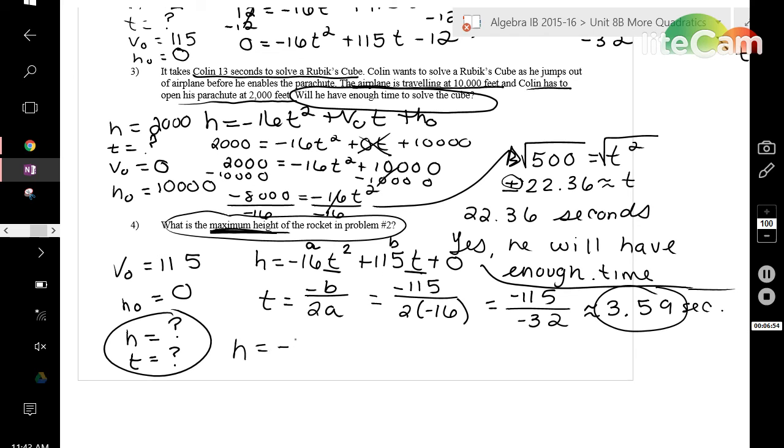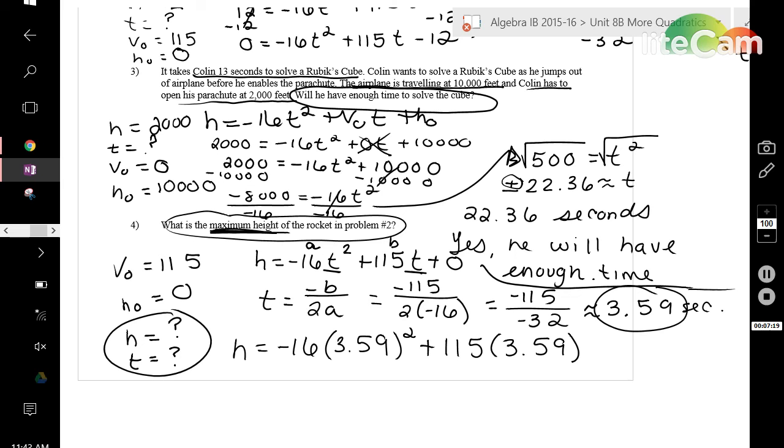So I'd have negative 16 times 3.59 squared plus 115 times 3.59. Again, it's not necessary to add plus 0 at the end. So I will type this into my calculator, just as I hope you are doing the same thing.